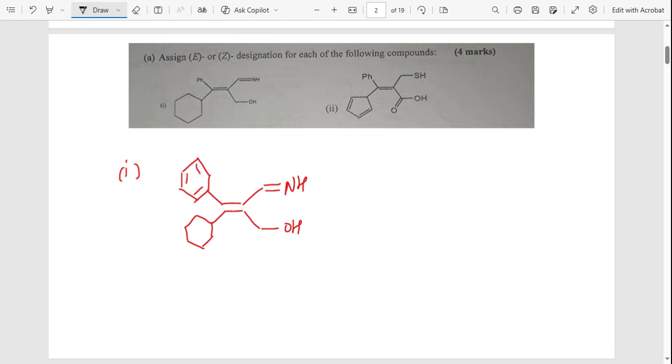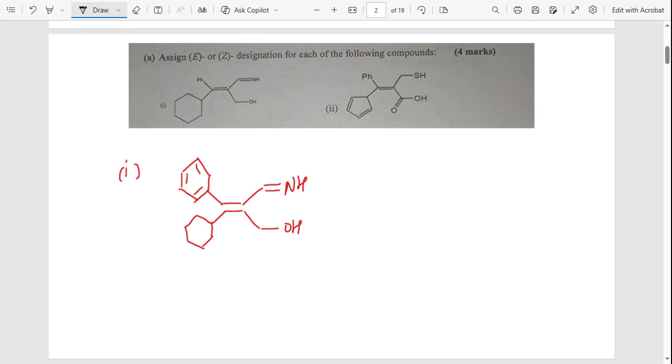So basically, count the number of carbon atoms and then the number of hydrogens. That is what is going to determine which group has higher priority. In this case, the more double bonds you have, the fewer hydrogens you are going to have. So between the group on top and the group that is down, the group that is down actually has a lot more hydrogens than the group on top.